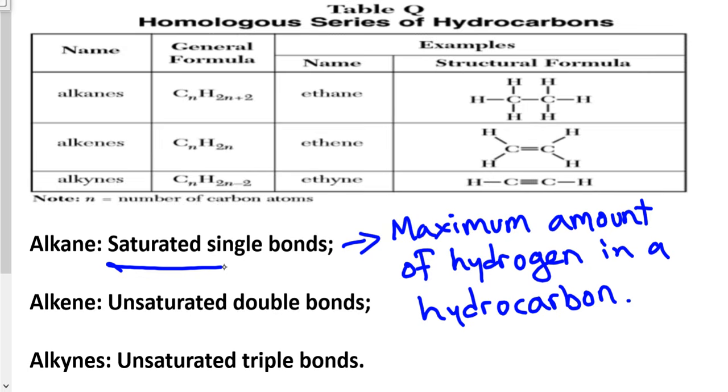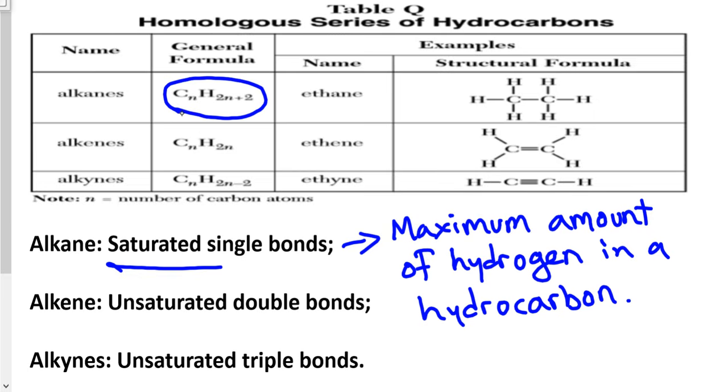And that is why the general formula of alkane is CnH2n+2, meaning whatever the amount of carbon, the amount of hydrogen is going to be 2 more than double the amount of carbon. And that's the saturated amount, meaning the maximum amount of hydrogen in a hydrocarbon.